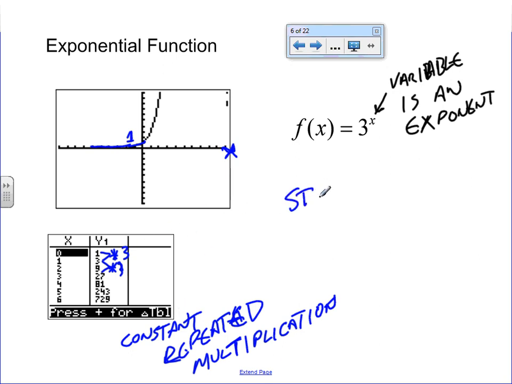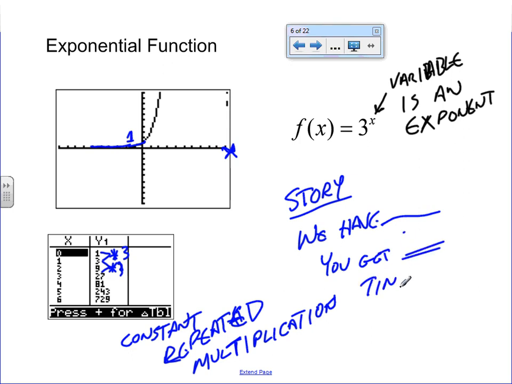In terms of a story, for this particular one, the story goes like this. You have, or somebody has, your dog, your uncle, blank. You get some number times as many, and then the question is how many.